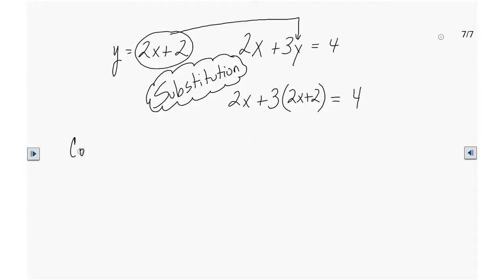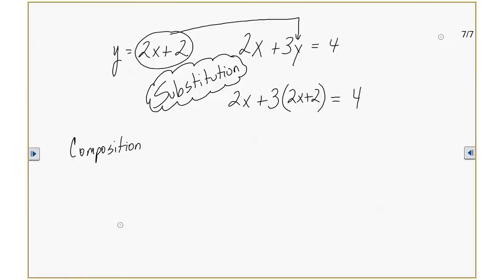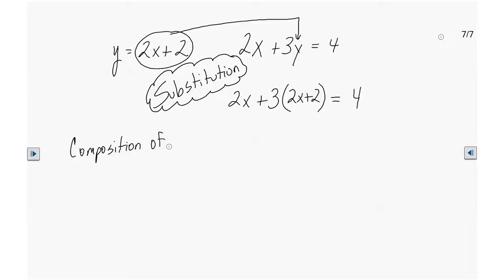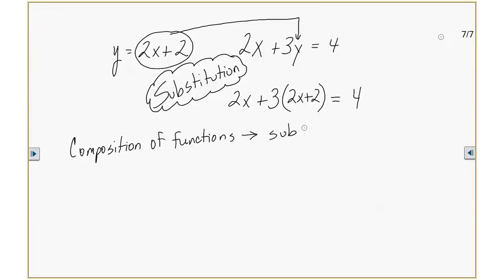Composition of functions is basically substitution.